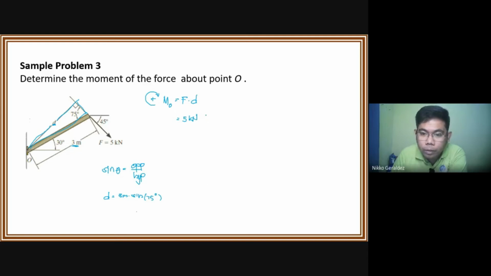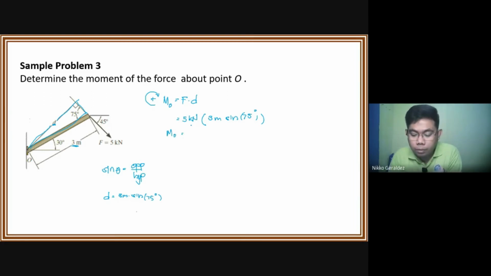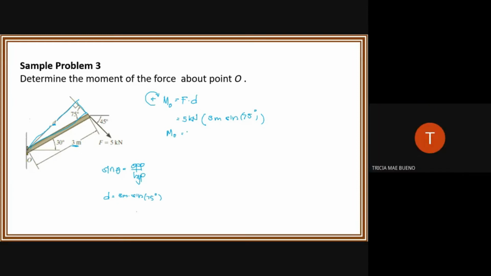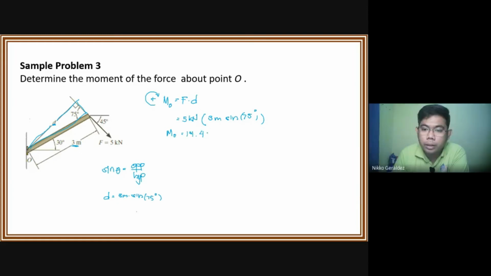Moment at point O is equal to 5 kilonewton times 3 times sine 75. So, that is equal to 14.489 kilonewton meter. Very good. So that is the moment at point O.